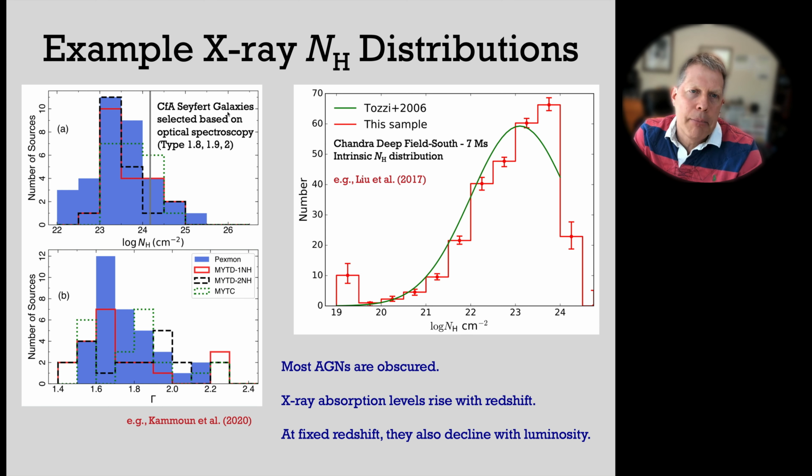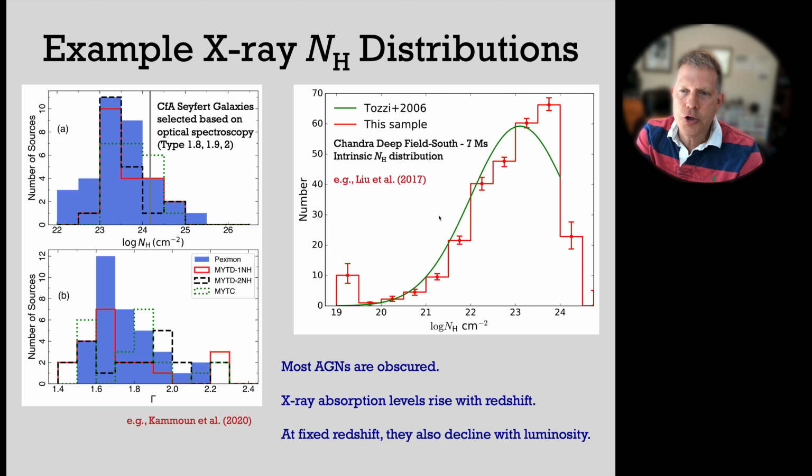This is a sample of nearby Seyfert galaxies selected based upon optical spectroscopy, and you can see many of these systems have large obscuration levels, column densities of 10^22, 10^23, 10^24, pushing up to even 10^25. Very large absorption levels.